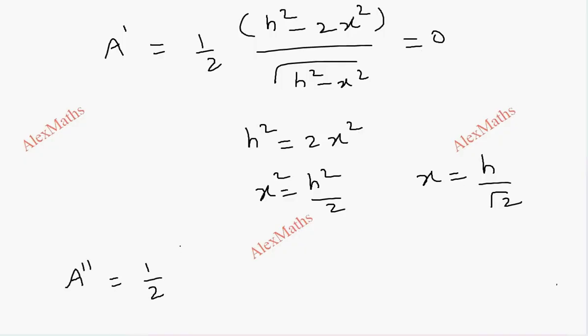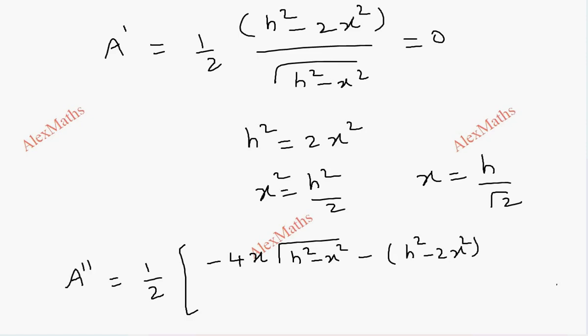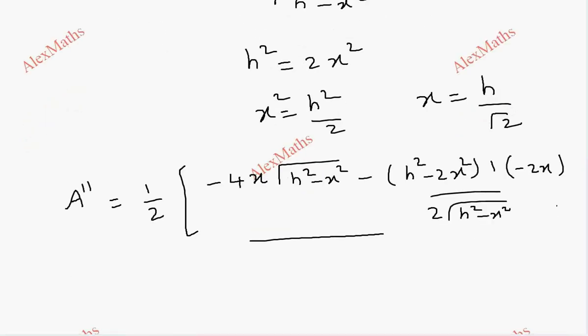So we keep 1 by 2 outside, u dash which is minus 4x, and v will be written as it is, minus u, then 1 by 2 root h square minus x square into minus 2x, then whole divided by h square minus x square.